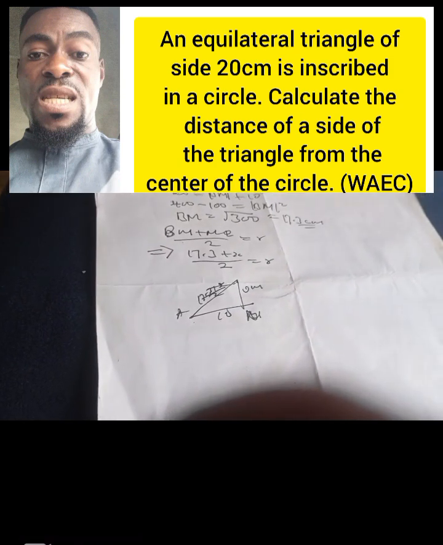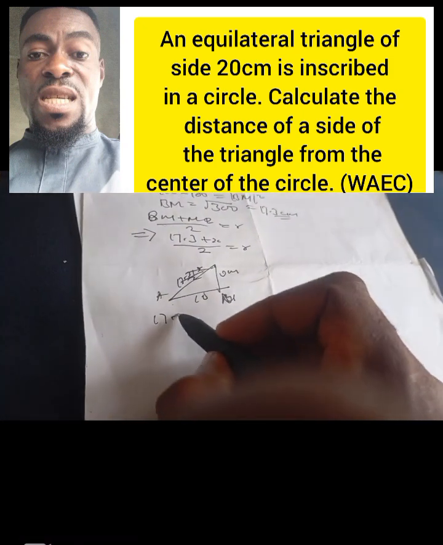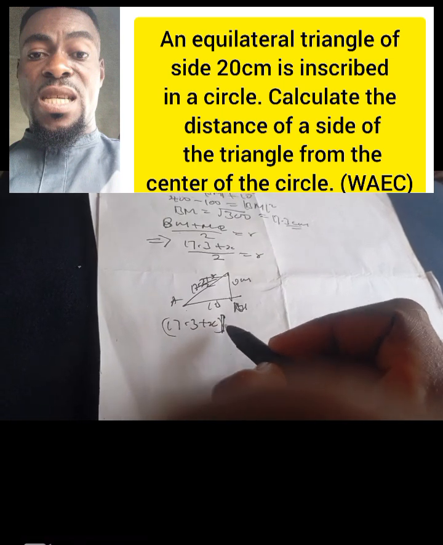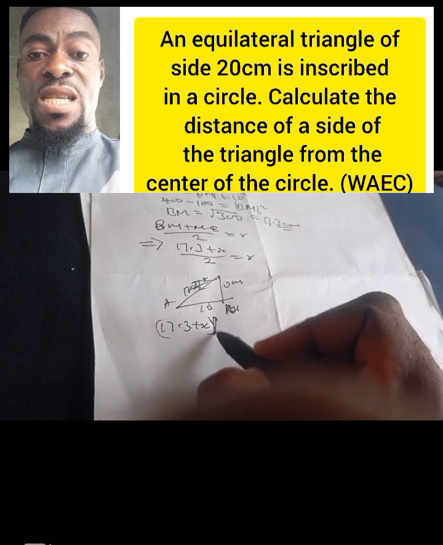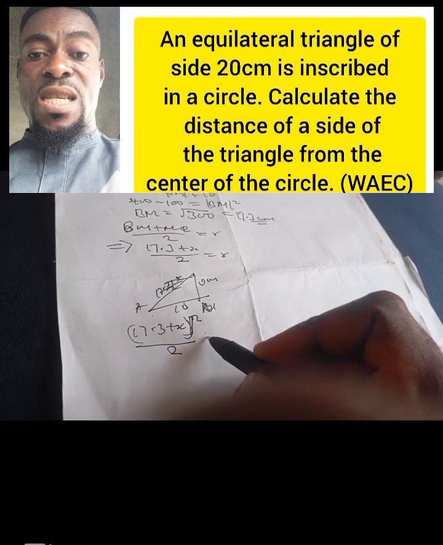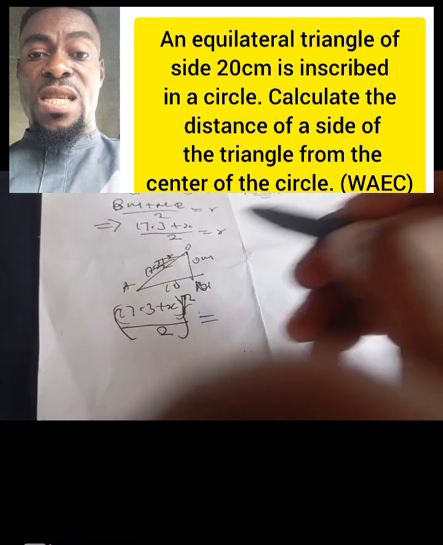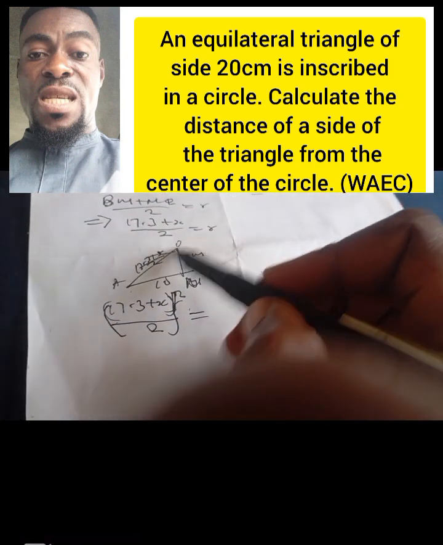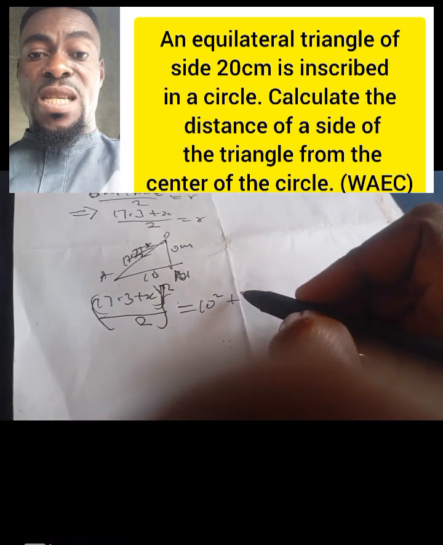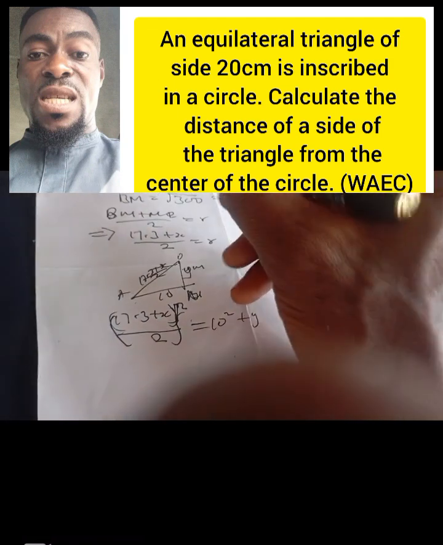Now, solving for OM, using Pythagoras still, we have 17.3 plus X, all squared over 2, is equal to, alright, so here is O, the square of the hypotenuse is equal to 10 squared plus the adjacent side, which you can call y, that is OM.